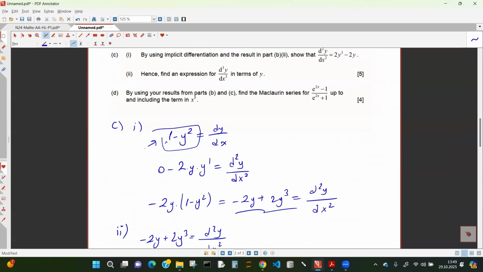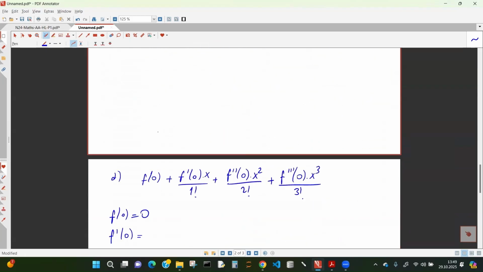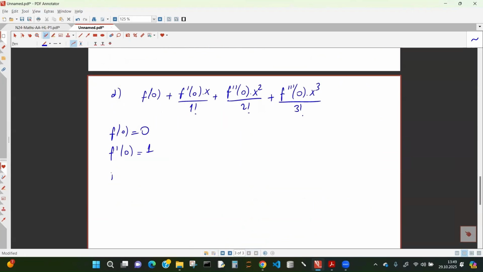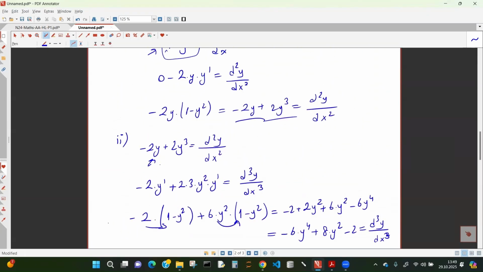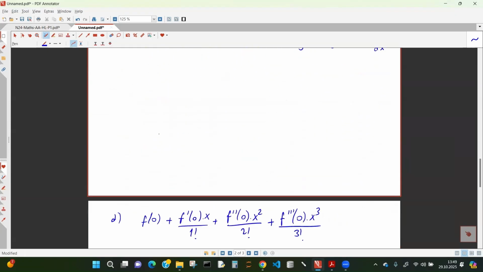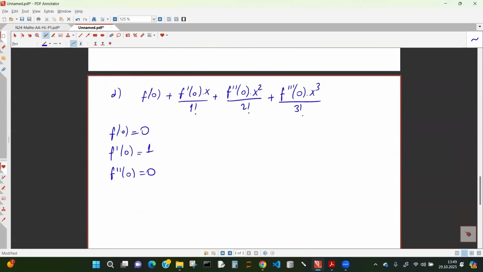We found the first derivative here, and if you substitute 0, you will find 1 because 1 minus 0 is 1. The second derivative at 0, we found it here, so it was 0. It's going to be 0 because y was 0 when we substitute 0.